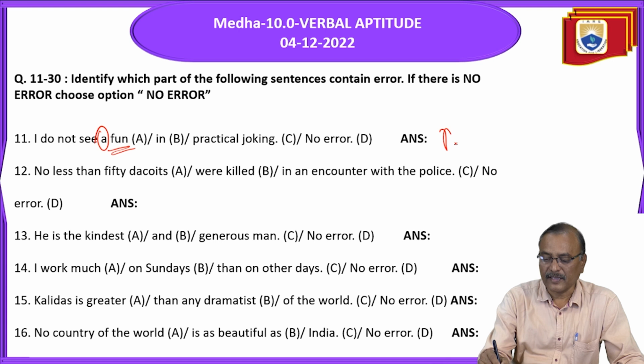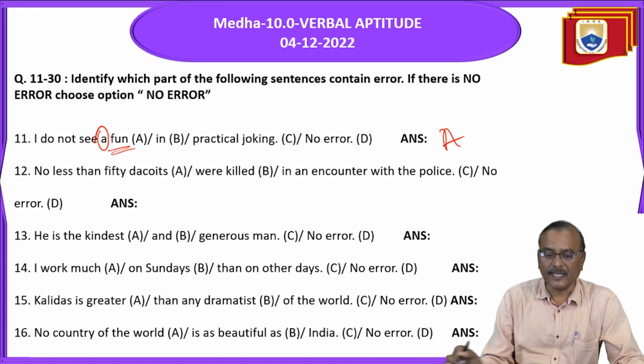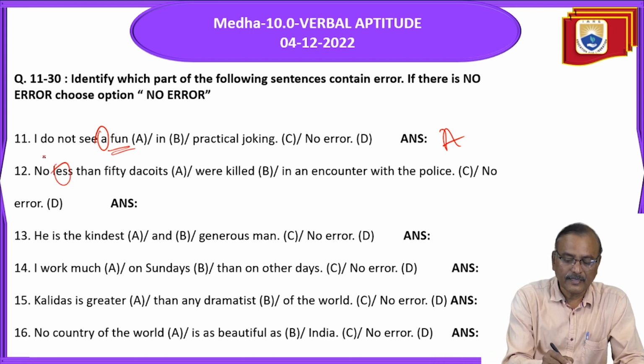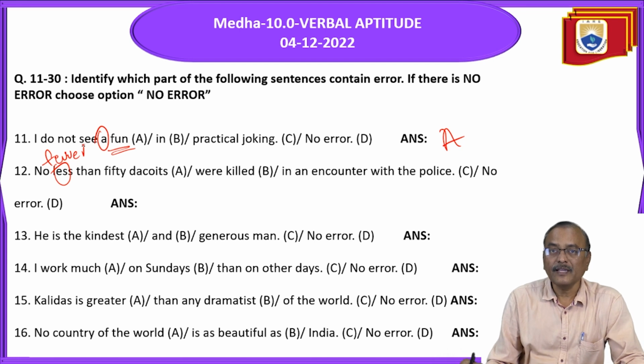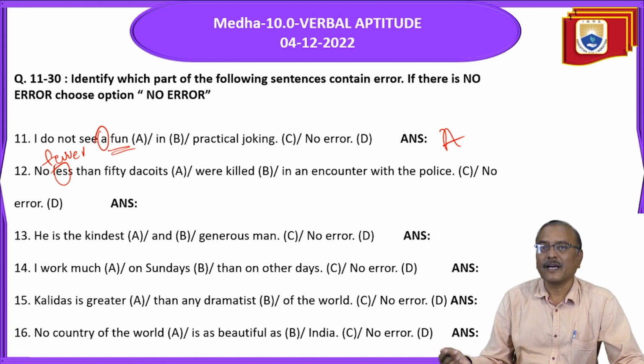So answer is A. No less than 50 dacoits were killed. No less than, here it should be no fewer than. Why? Less is used with uncountable nouns. Fewer is used with countable nouns.